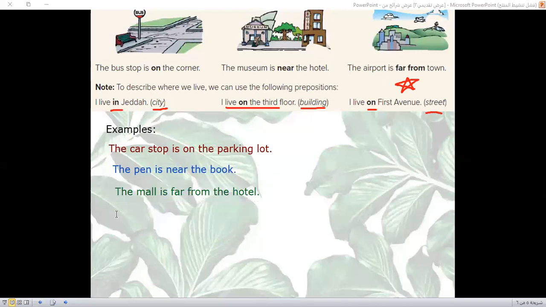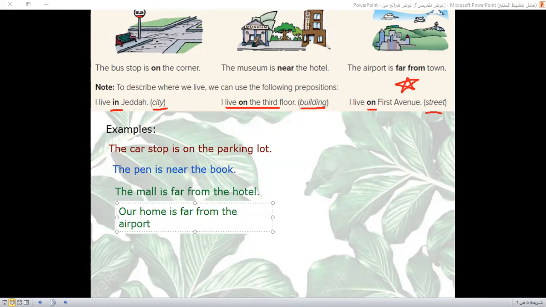Excellent. What about you, Farah? Is it also with far? Yes, please. The home is far from the airport. Our home is far from the airport.